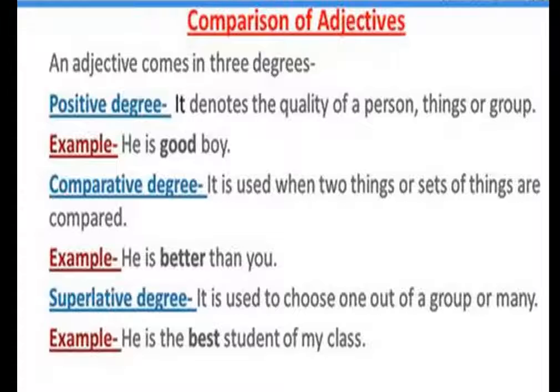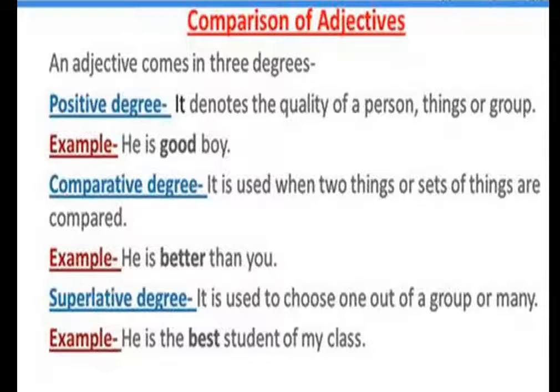The example, he is better than you. Better, the word is a comparative degree. That means in this example, the word better is used for comparing him with another person. He is one person and the word better compares him with another person. Now the next one is the superlative degree.